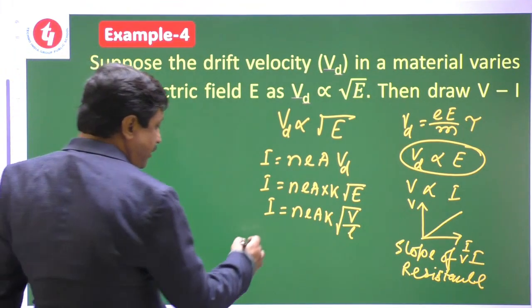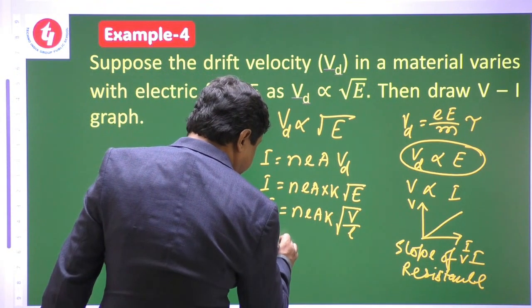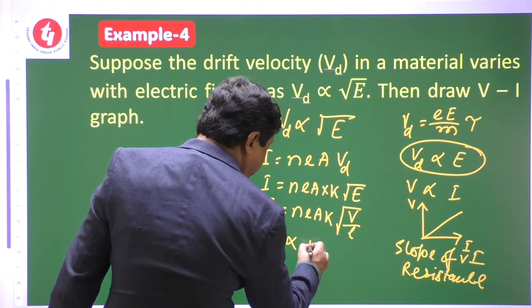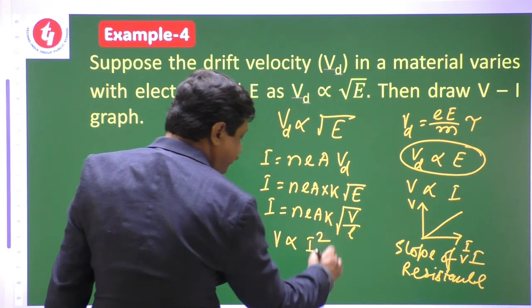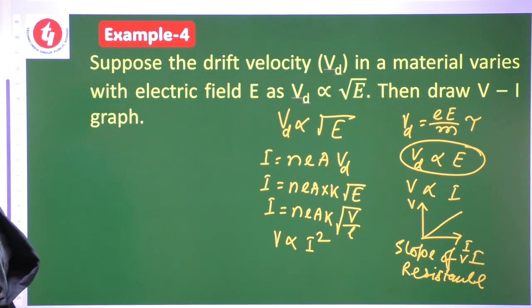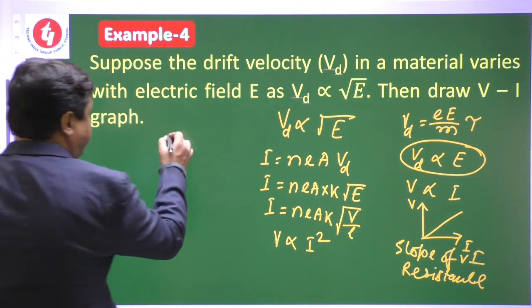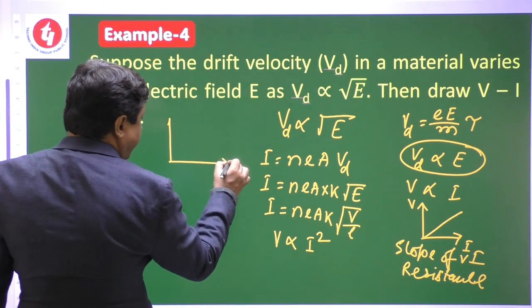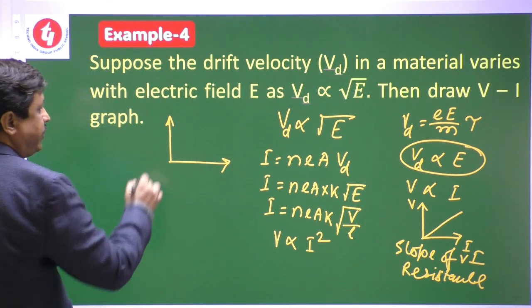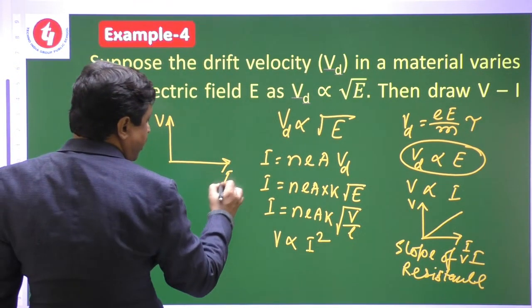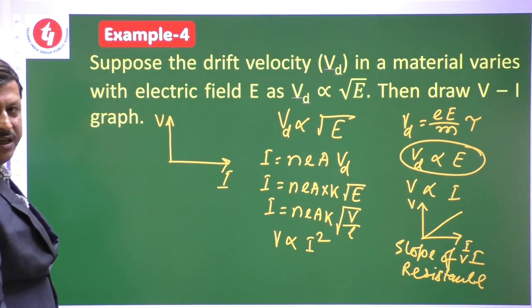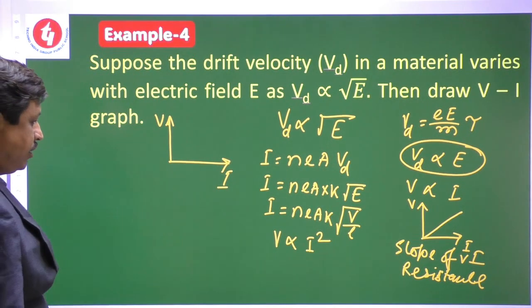So here we can write that V is directly proportional to I square. Then what is the shape of this VI graph? This represents a parabola.